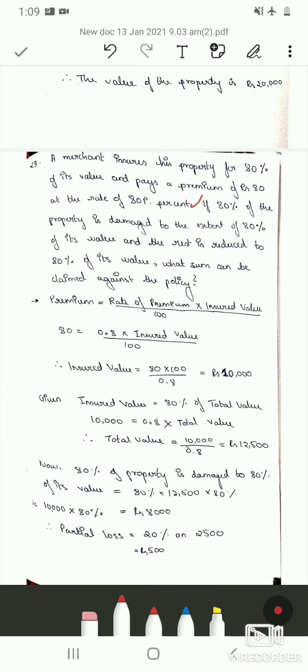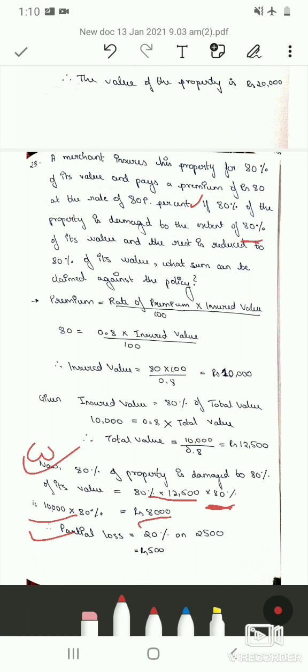First we have to calculate 80% of the total value, which is 80% into 12,500 into 80%, which is the extent of 80%. Therefore we get the answer as rupees 8,000. So this is the complete damage or complete loss.